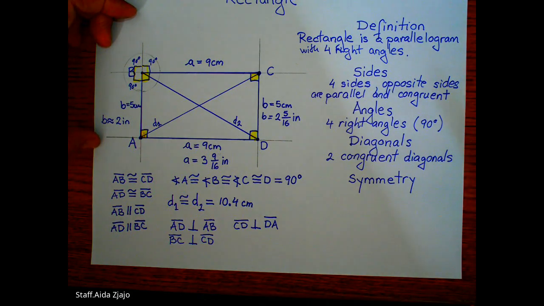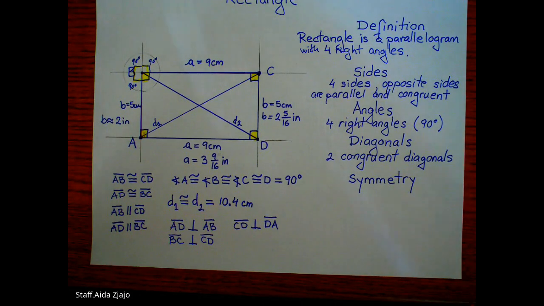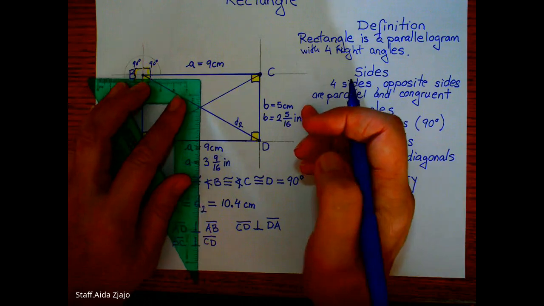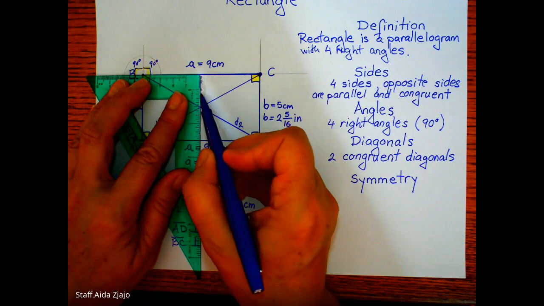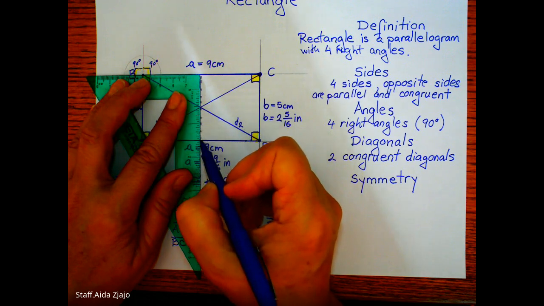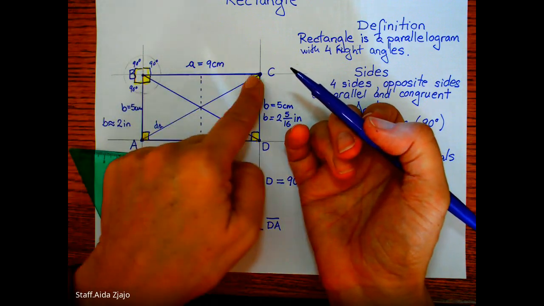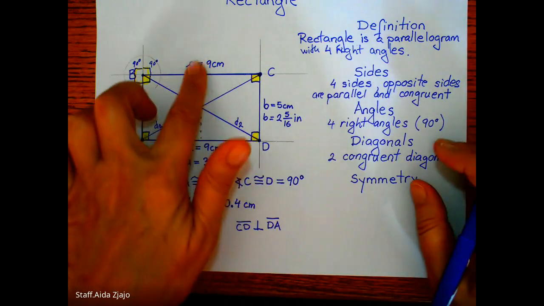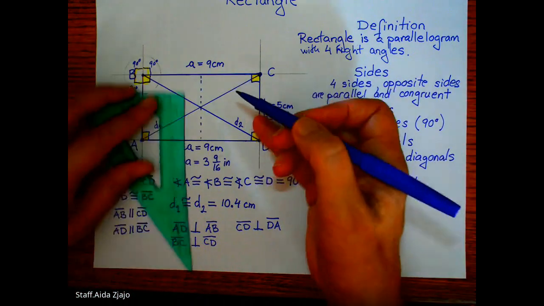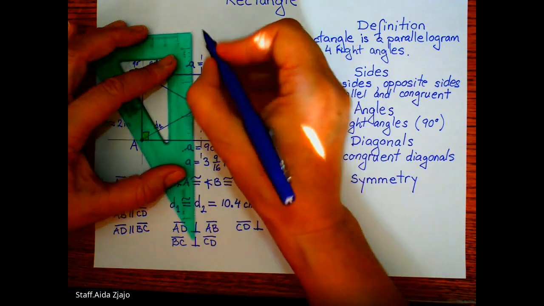And we can explore symmetry. We have line symmetry and rotational symmetry. For line symmetry, we can find a midpoint that will cut the shape into two congruent pieces. Where the diagonals meet is a midpoint, 4.5 centimeters and 4.5. These two parts are identical, and this is a line of symmetry. We can extend that line with little dashes and call it L1.